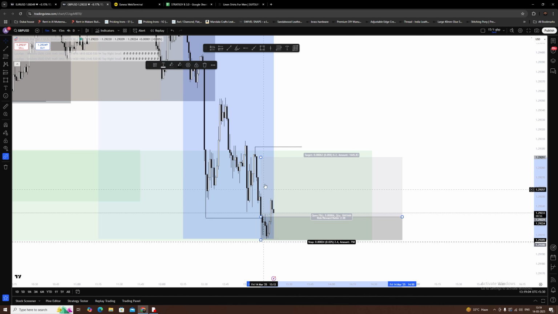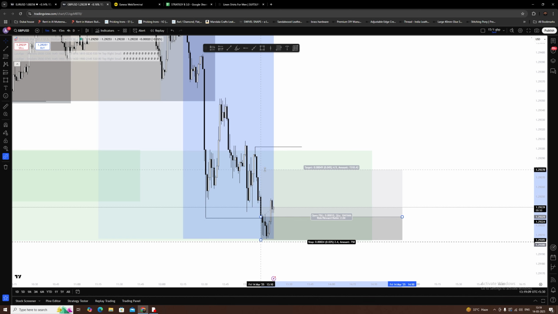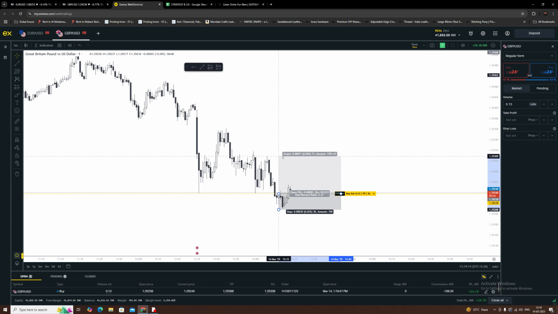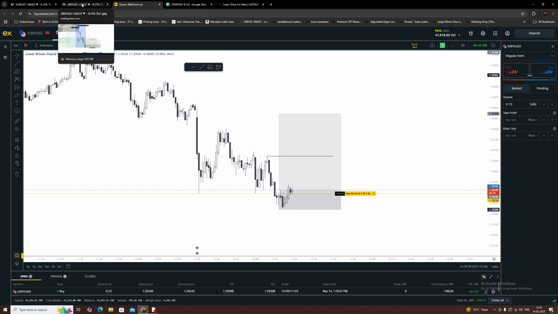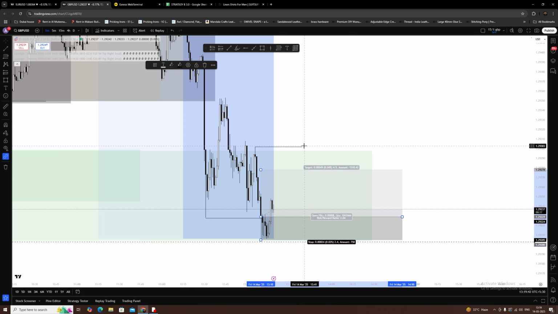Actually, let's find it in here. Yeah, so basically this swing. If it breaks this swing, I'm going to be break even, or else we're going to let it flow. Yeah, so this swing.